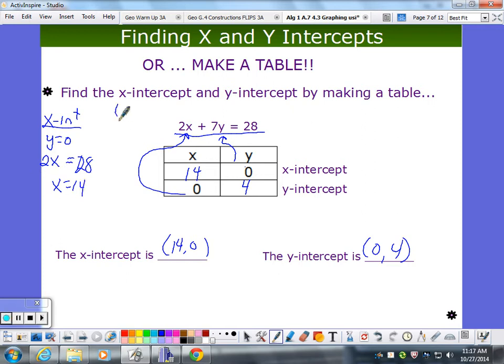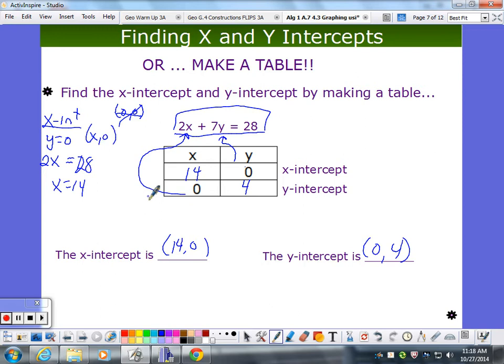You can only do that if 0, 0 is a point on the graph. 2x plus 0 equals 28. Right? I'm plugging it into this, just like you do with the table of values. And this is the coordinate I'm trying to find. I already know that the y is 0, so I'm finding the x.